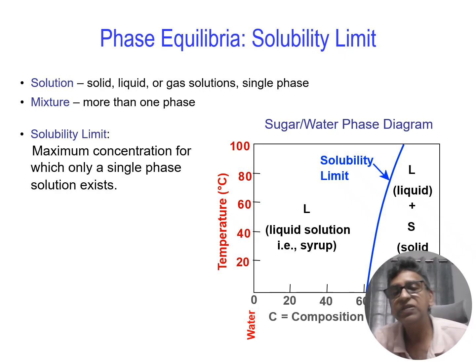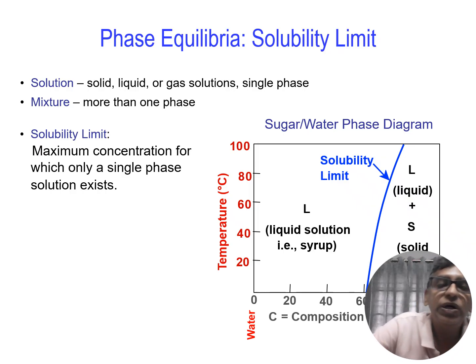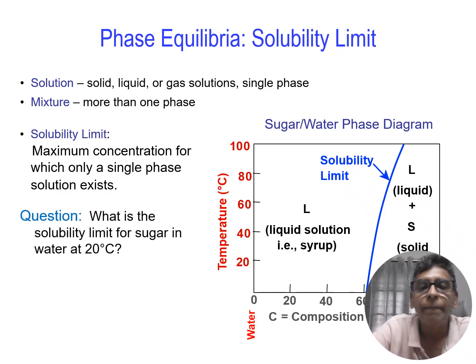So we have taken the example of sugar with water. Whenever you add sugar in water, slowly the sugar dissolves. What is the solubility limit for sugar in water at 20 degrees centigrade?